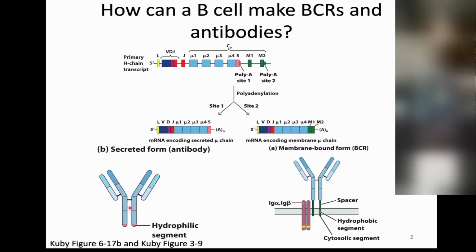The pink piece basically just gives us a little end and hydrophobic segment for the antibody, while the green pieces will give us transmembrane regions. And so by alternative splicing of this same mRNA product, we are able to get both a secreted antibody and a B cell receptor that are otherwise entirely identical.